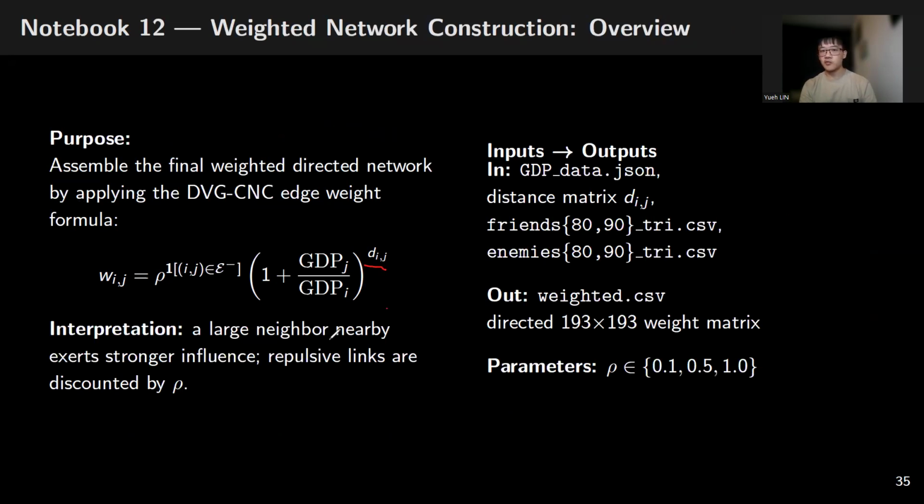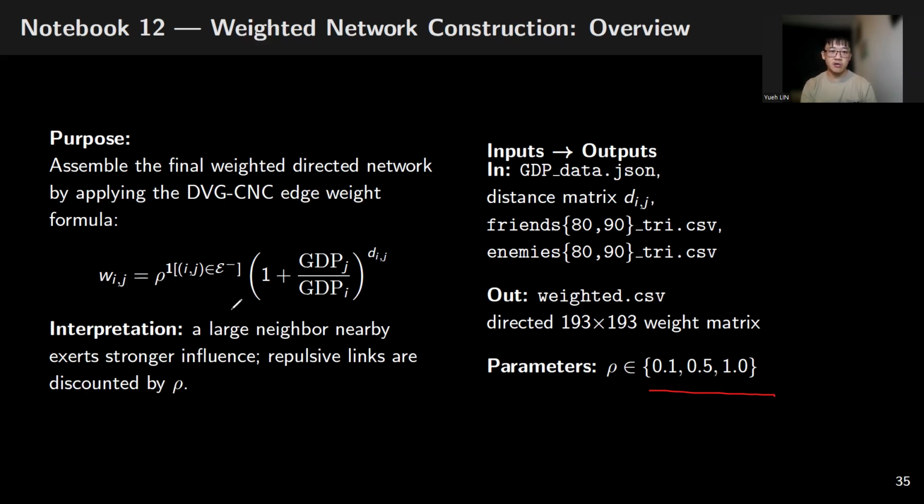In the 12th notebook, we took the previous notebook together and aggregated the result to have this weight. At the end, we will have a weighted CSV showing a 193 by 193 weight matrix with the different parameters.